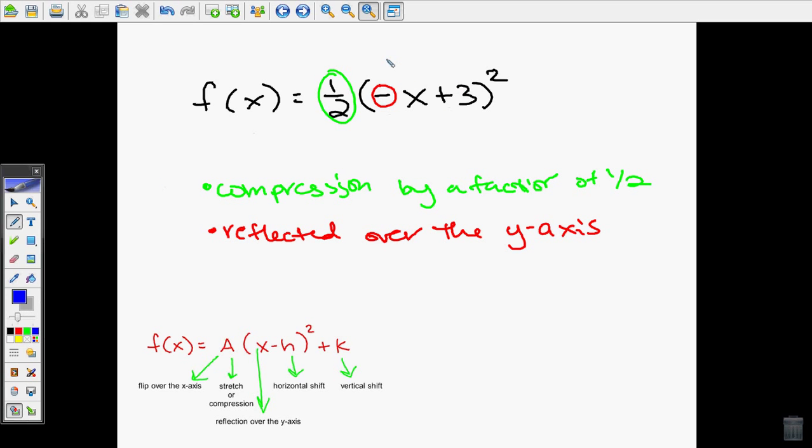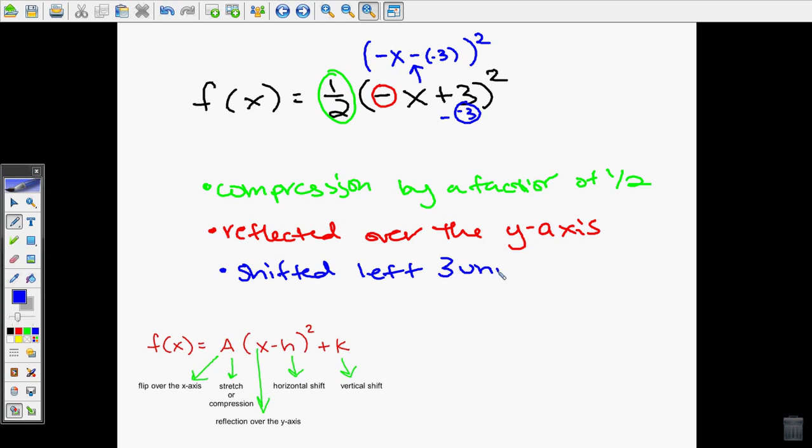Now here, notice that this really is -x minus -3. I want to write it so it's in terms of subtraction. And so because of that, that means this is really a -3 that we're looking at. So this is shifted left, 3 units because of the negative. Positive is to the right, negative is to the left.